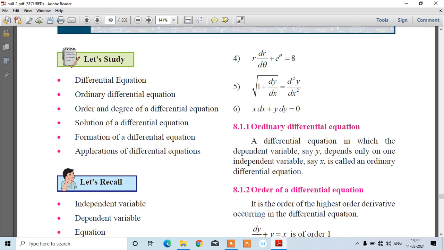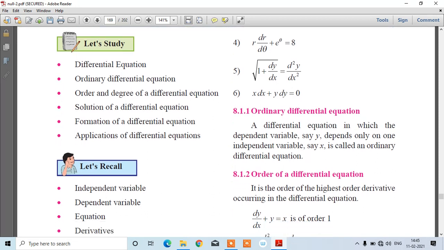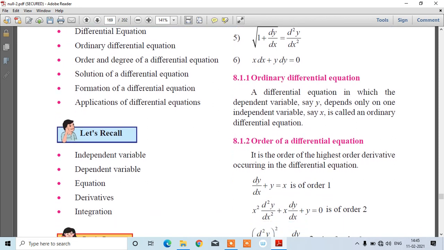But as per our syllabus, here we are going to study the ordinary differential equation where the dependent variable y only depends on one independent variable x. Now in this topic, the first point that we are going to study is the order of a differential equation.